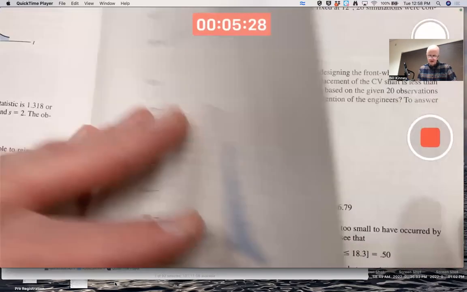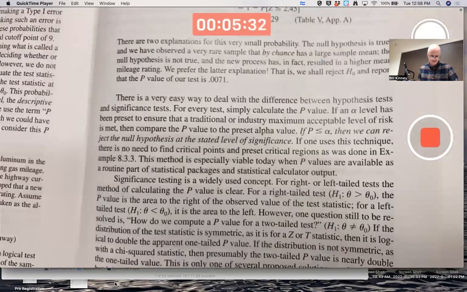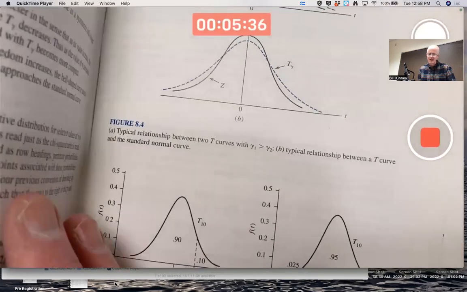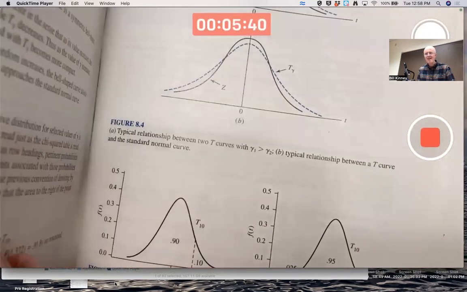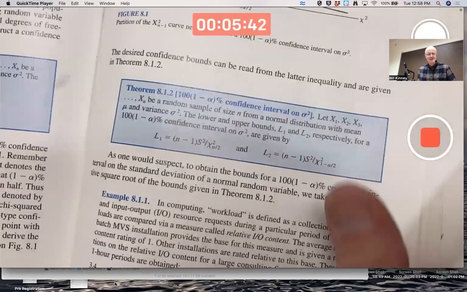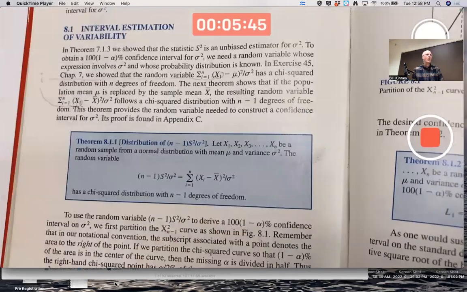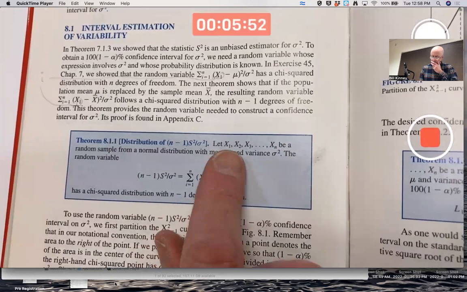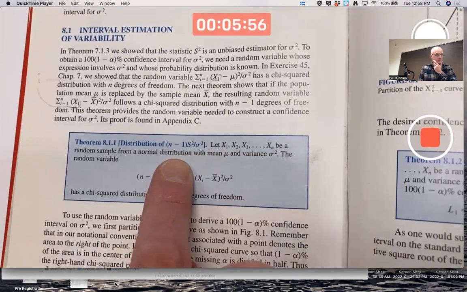We could try to believe this theorem by simulation again. For the sake of time, I won't. Let's try to imagine doing it. X1 through Xn does need to be a random sample from a normal distribution.